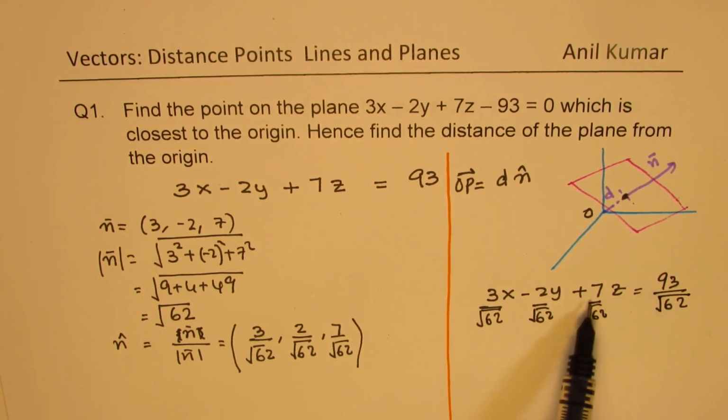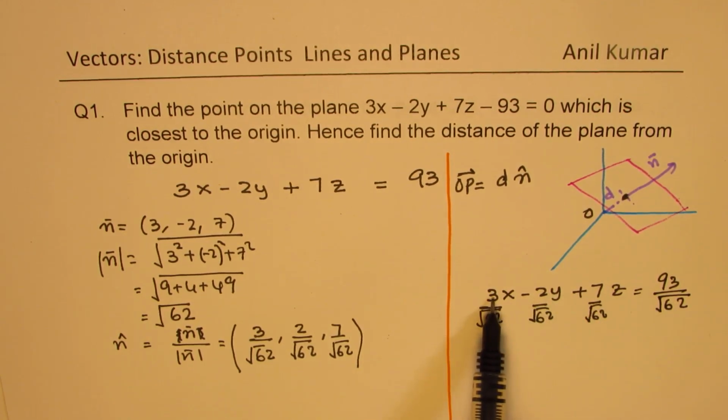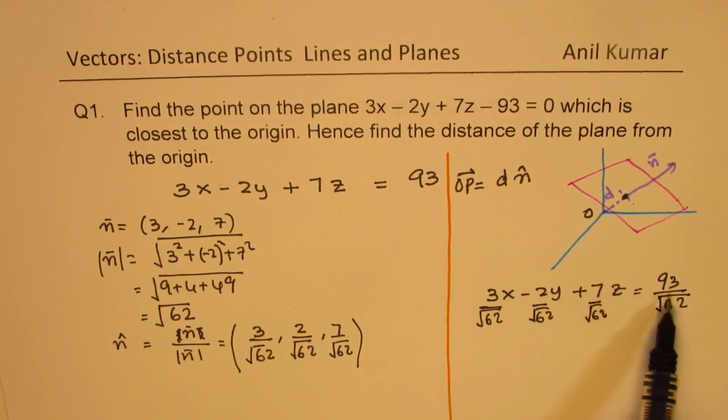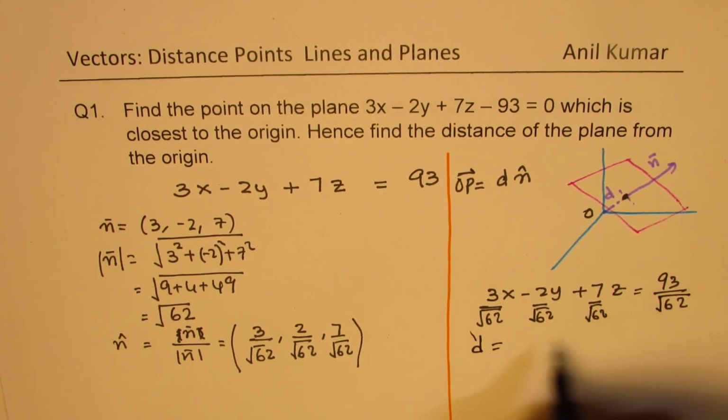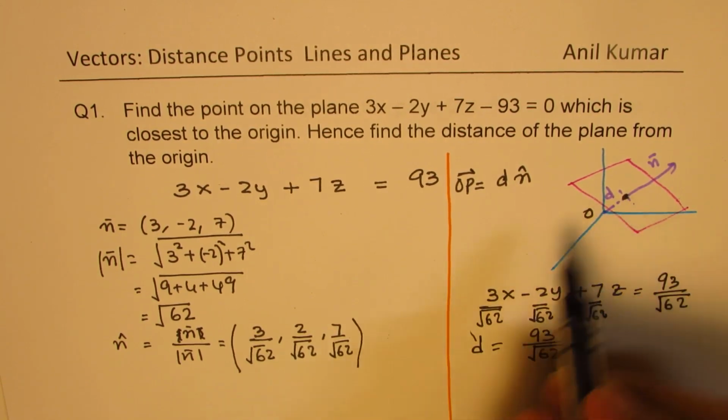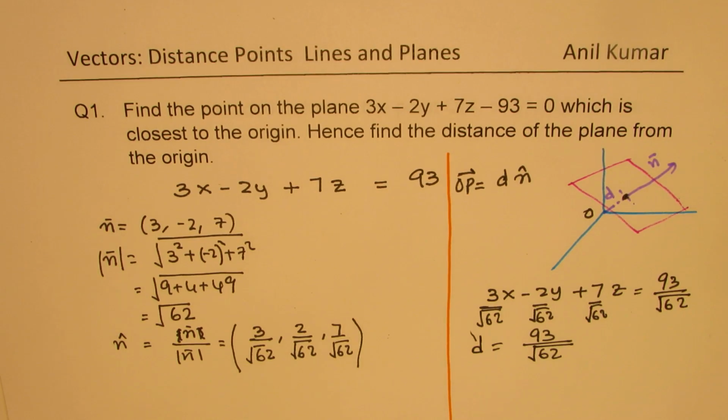In that case, this becomes the unit normal vector, and that becomes the distance. So from here, we know that the distance d is equal to 93 over square root of 62. Right. So that is the distance.